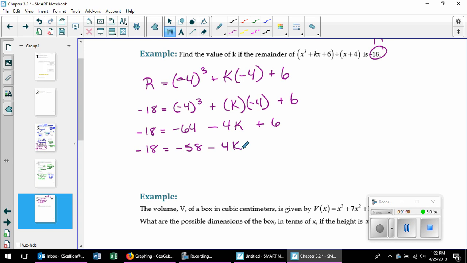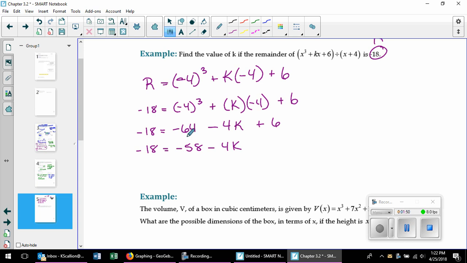Basic one-step algebra. But if you didn't know to put the -18 there, you wouldn't have been able to solve this with two variables. So chances are you would have gotten no marks for this question if you didn't know where to put that -18. But you all know where to put the -18.